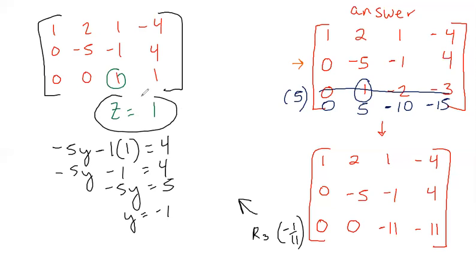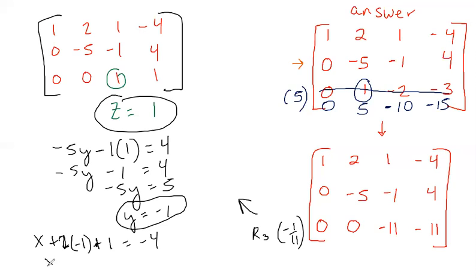So now we have z, we have y. Now we just have to find x, which we can do by going to row 1. Row 1 says that we have 1x plus 2 times y, y being negative 1, plus 1 times z, z being 1, and that equals negative 4.